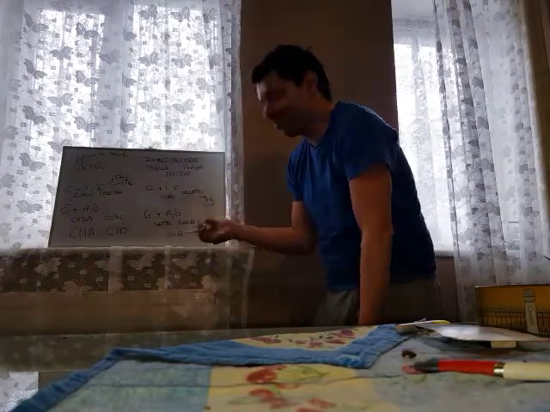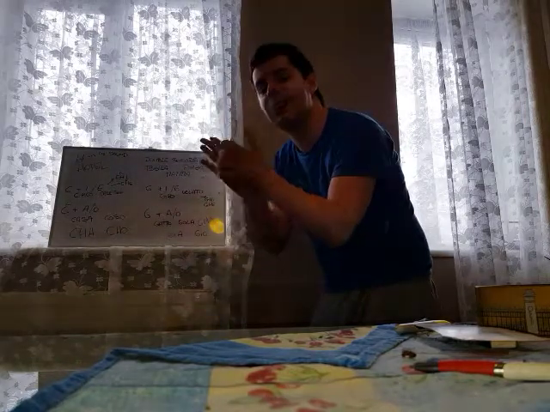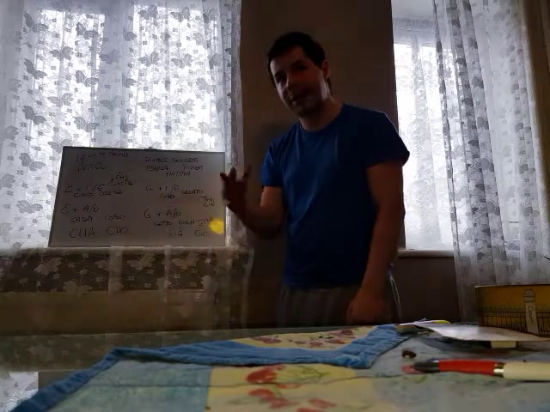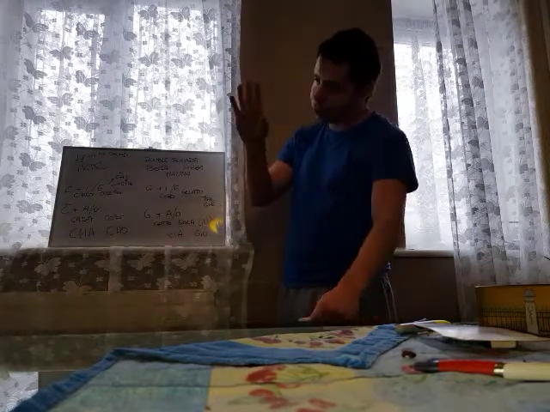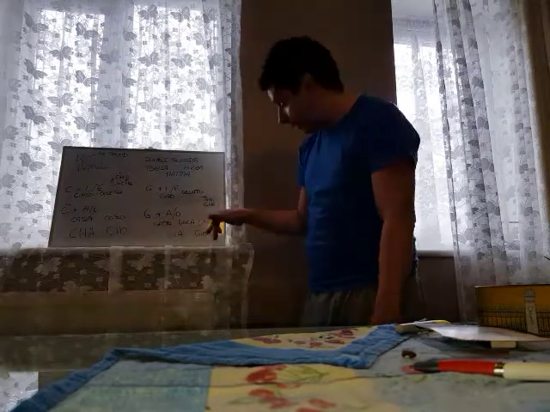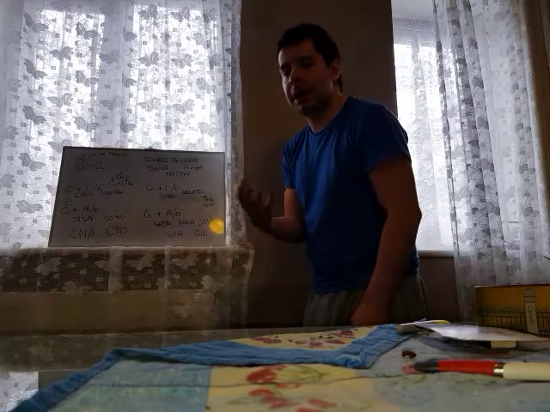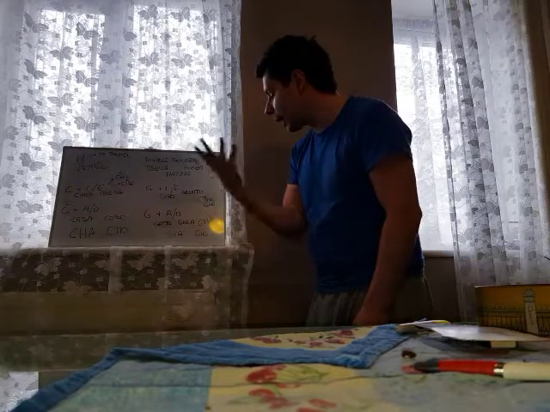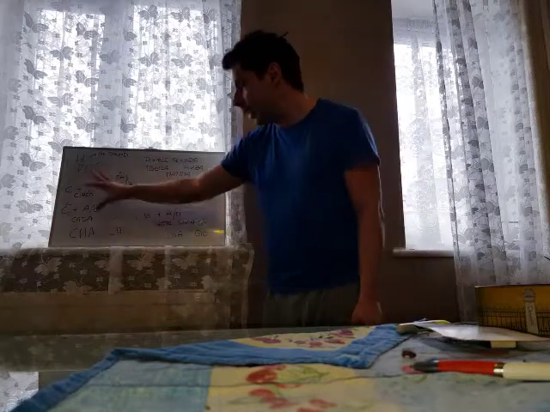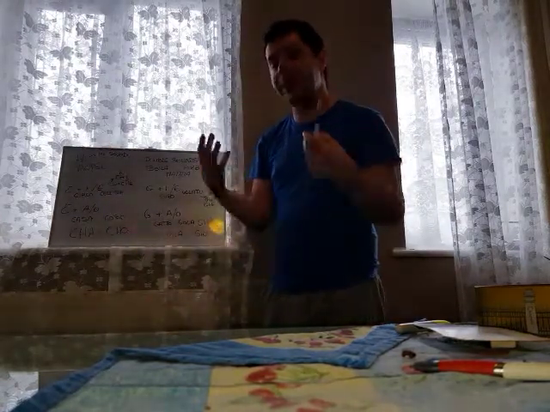But we don't need it because G plus A, it's already that sound. So this one, maybe for example, Gaddafi, I think it's spelled like this, I'm not sure, so I don't want to say it wrong, but if we spell it like this, we would pronounce it Ga, Gaddafi.